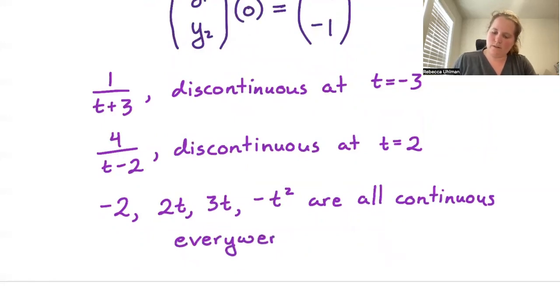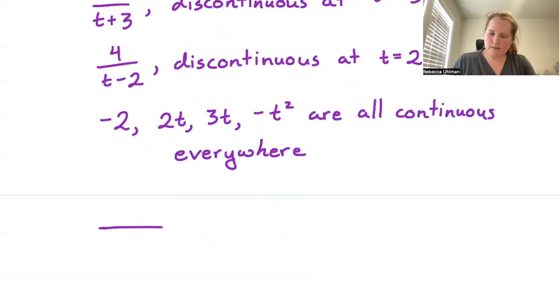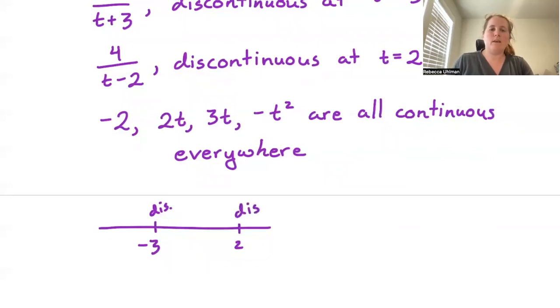So if we look at a number line, our only problem points are negative 3 and 2. And then we're interested in 0 as our initial condition.